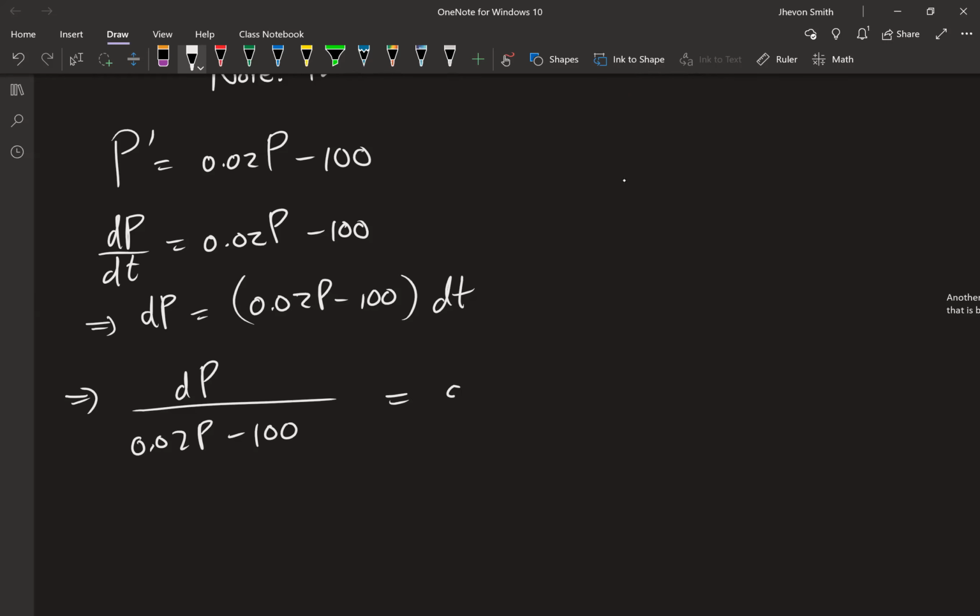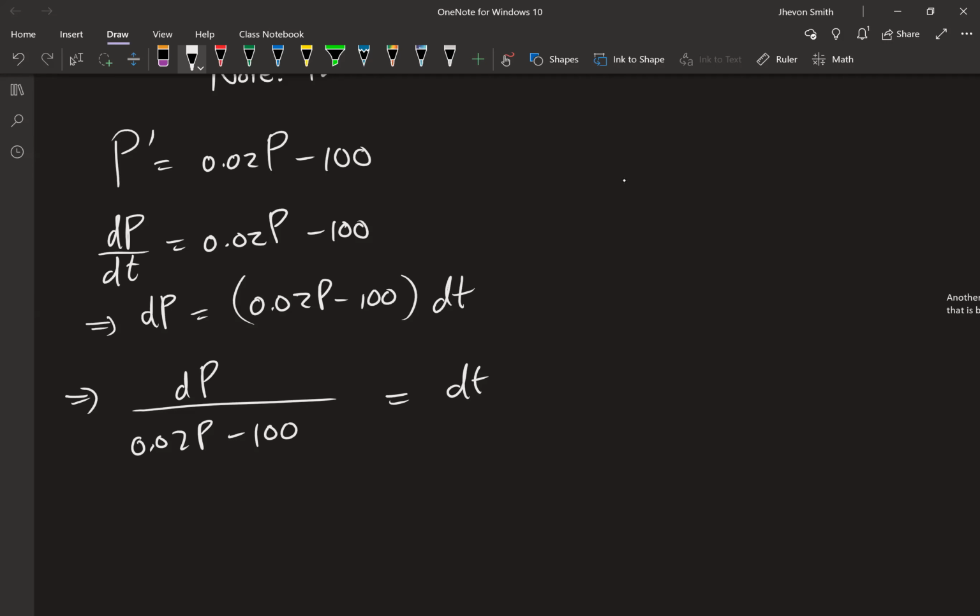Okay, so now to recap on something that I mentioned yesterday, remember, addition and subtraction is almost never what you want to do in a separable situation. Separable means you can write it as a function of the dependent variable times d, so a function of y times dy equals a function of x times dx.